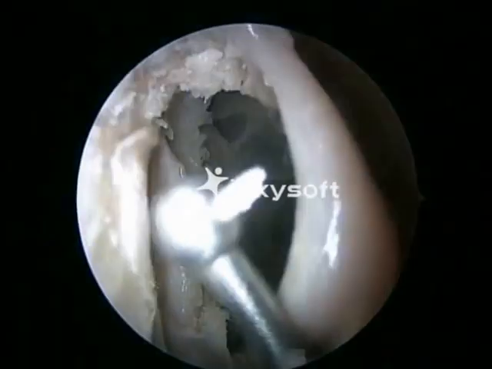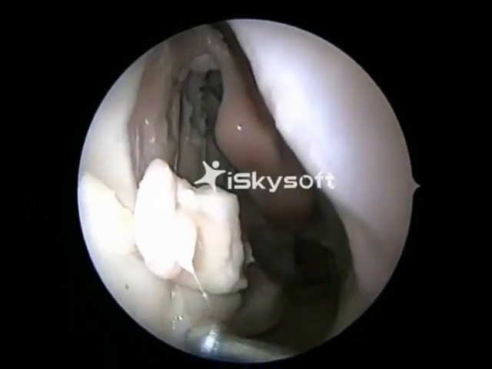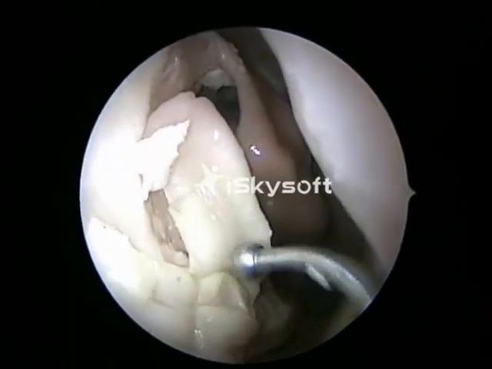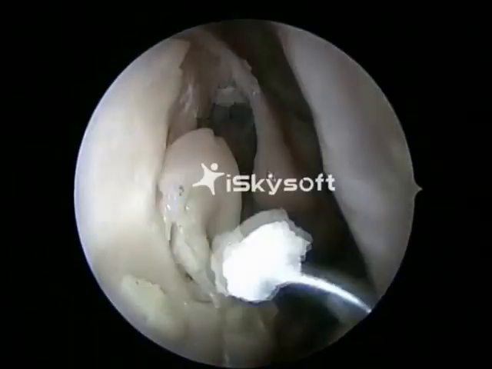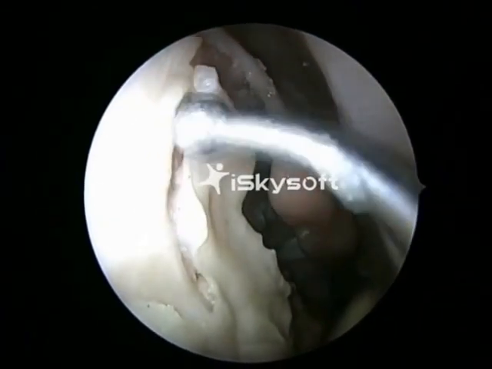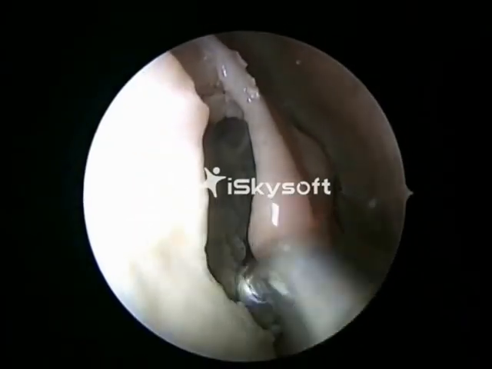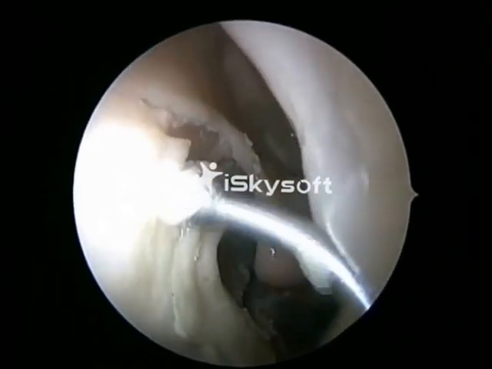The inferiorly based mucosal flap will be repositioned now, and that will be in contact with the anterior flap. Care is taken not to expose raw bone, because raw bone will produce fibrosis and will lead to failure of the procedure. It is not advisable to take this flap out at all.